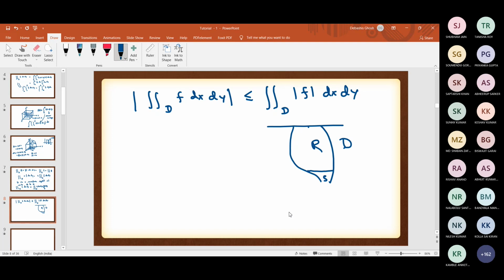Actually, negativity comes when most of the portion of your volume lies below the x-axis. That's where the negativity comes. Now, to make that positive, we have to take the change that you are saying. Essentially, anytime we calculate the volume, we are calculating the right hand side of this inequality. Yes.